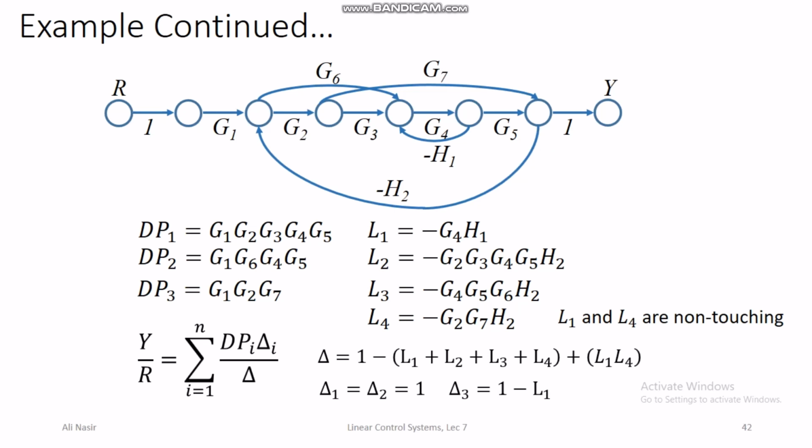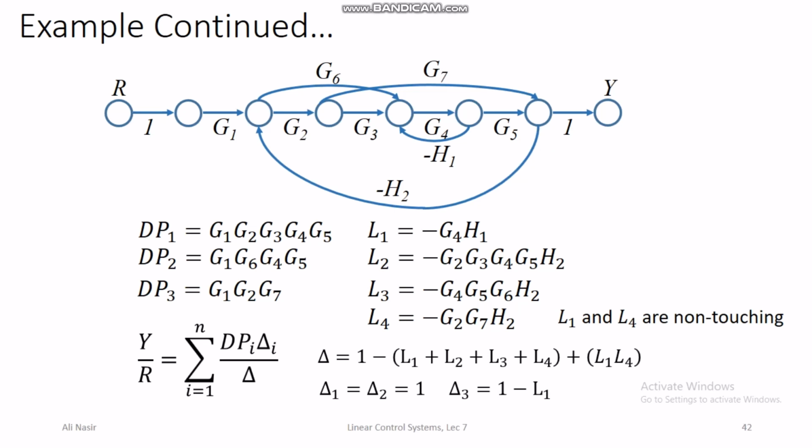Therefore, delta 3 is basically 1 minus L1, which is the same definition as we use for delta, but the difference is that we drop all the loops that are touching direct path 3. Loops L2, L3, L4 are touching direct path 3, whereas loop L1 is not touching. Loop L1 is the only loop that is not touching direct path 3.